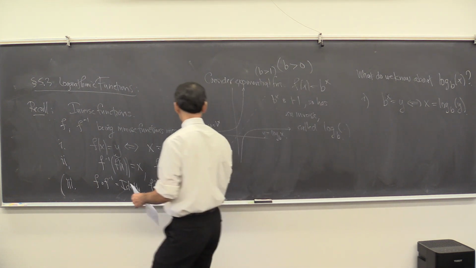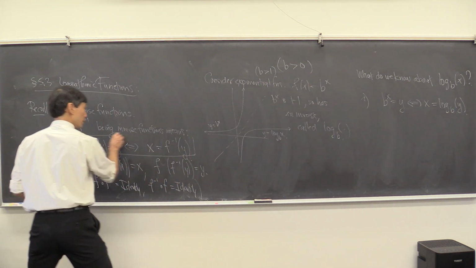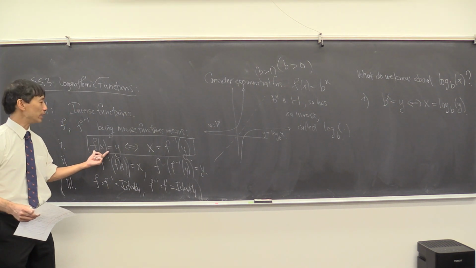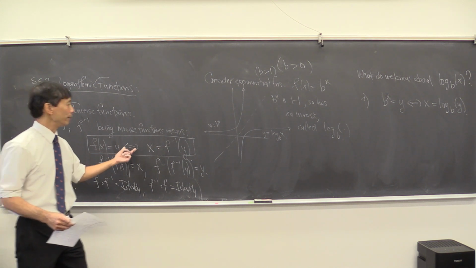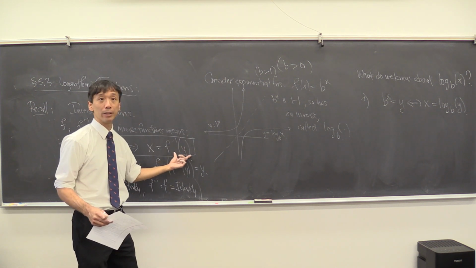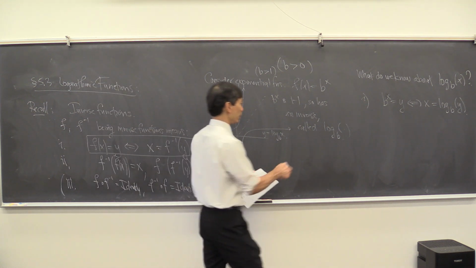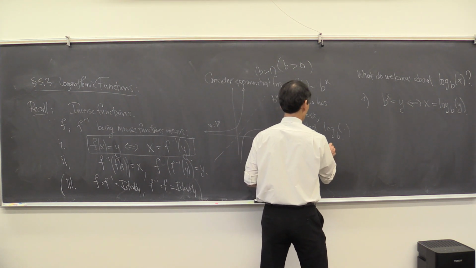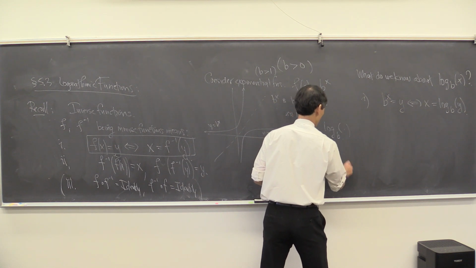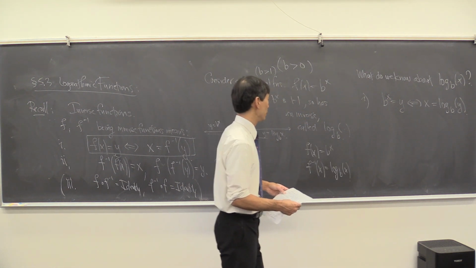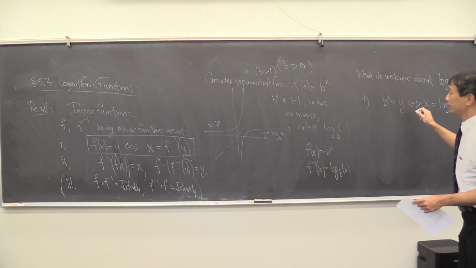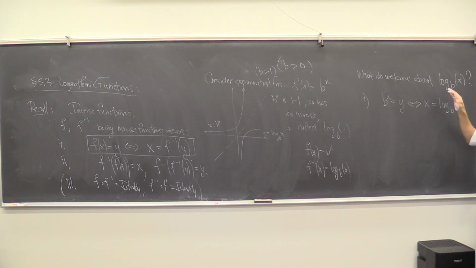You guys see what I'm doing? All I'm doing is taking this one. Our f is b to the x, right? So b to the x equals y if and only if x equals f inverse. Well, f inverse is log base b of y. So I'm just substituting, f is b to the x, f inverse is log base b of x. I'm just writing that this is an inverse, right?